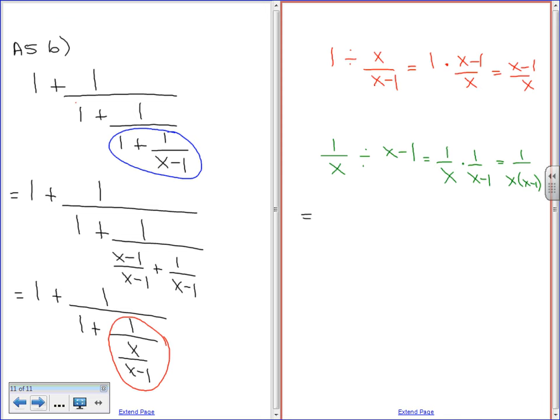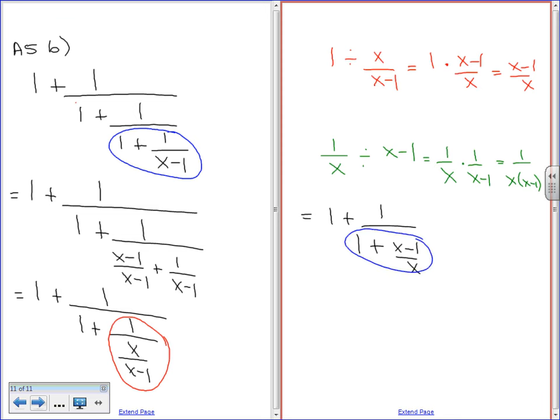So this would have been 1 plus 1 over 1 plus, and I've got the red answer up here, so I'm just going to write that. Okay. So now I'm going to combine the blue part.